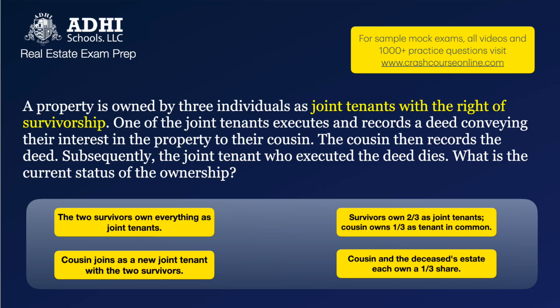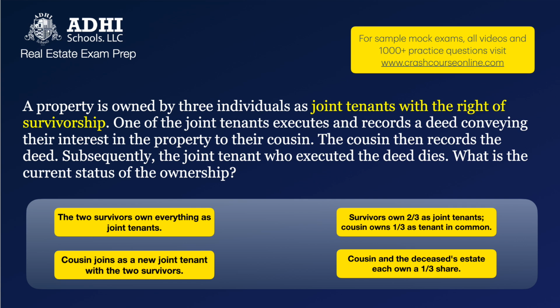Now, this question says there's three joint tenants. One of them sells their share to their cousin. The cousin then records the deed. So now the cousin owns one third of that property because the cousin got what one of the joint tenants sold to them. The seller of the property ends up dying after they give the property to their cousin. The question becomes, what is the current state of the ownership?